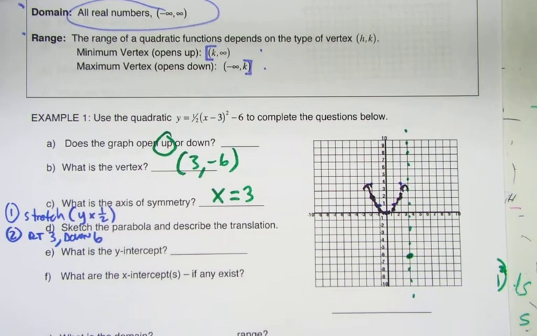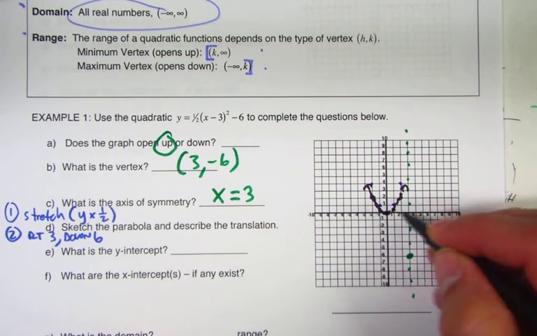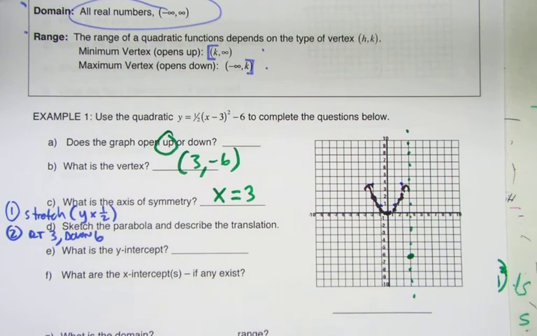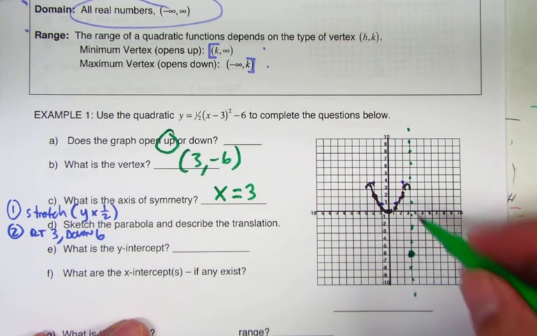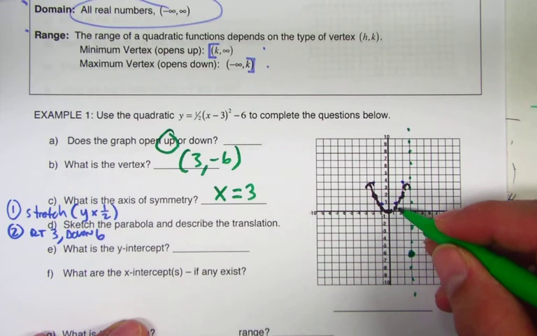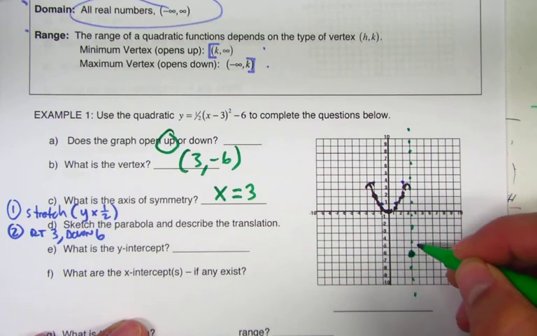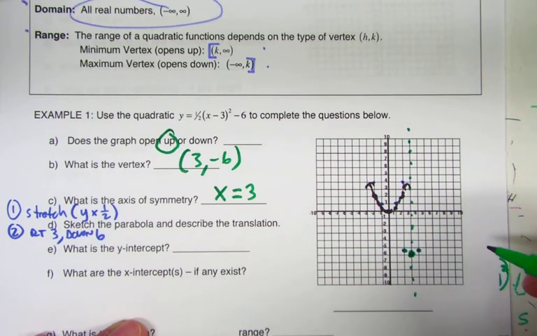The second thing I'm going to do is move all these points right 3, down 6. So if I take the vertex and go right 3, down 6, there it is. If I take this point that's at 1, I'm going to go right 3, so I'm going to be at 4. I'm going to start at positive 1/2 and then shift down 6. So now I'm going to be at negative 5.5. Same thing on this side.